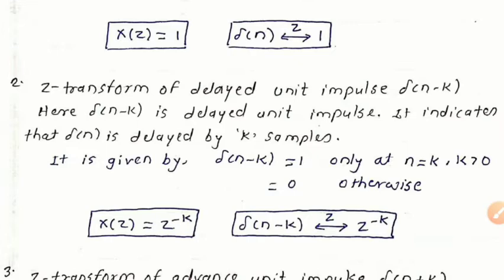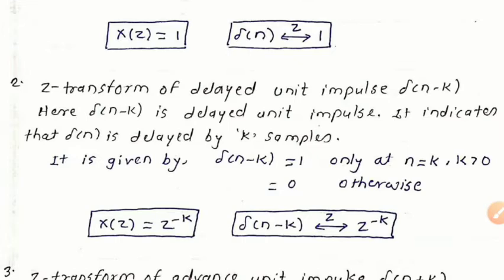So what will be its Z transform? Delta of n minus k is equal to 1 only at n is equal to k, and k should be greater than 0. Ultimately its Z transform will be X of z is equal to z raised to minus k.